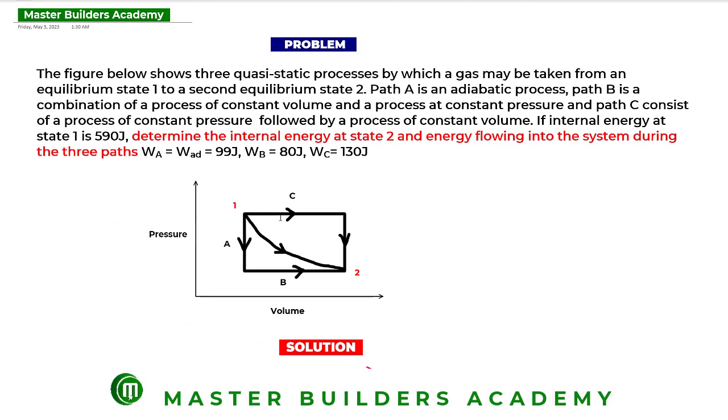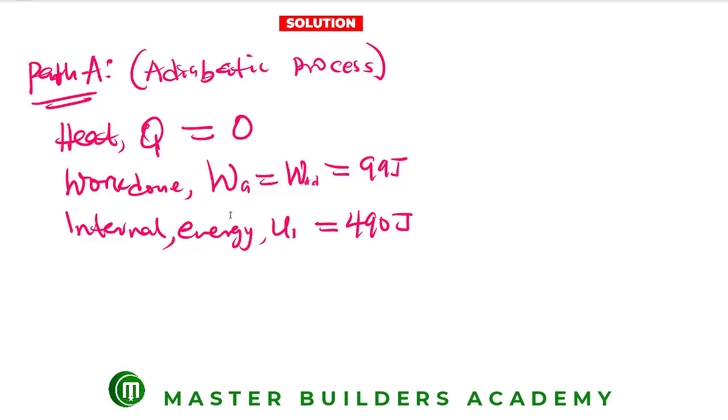Now let's move up. As you read further, it said if the internal energy at state 1, at point 1 is 490, not 590, it is 490 joules like we have now.